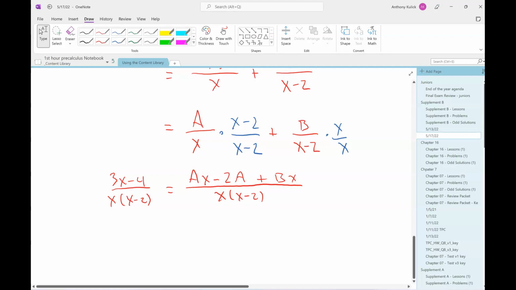All right. So what I'm going to do is I want to take the parts in my numerator. Well, actually, hold on a second. Notice that now both of the sides, the denominator is the same, right? So I can forget about the denominator. That no longer matters to me.